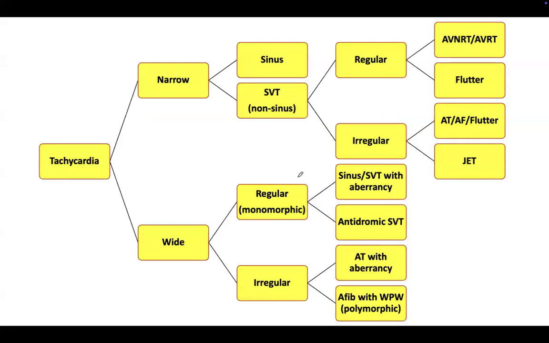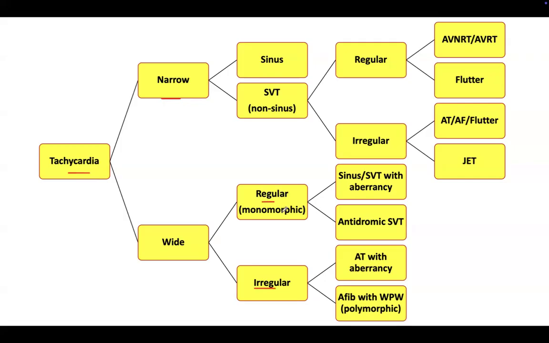Our algorithm is getting more and more complicated. So we said tachycardia, narrow, sinus or SVT, regular or irregular. If it's wide, then you can classify wide into regular or irregular, of course.